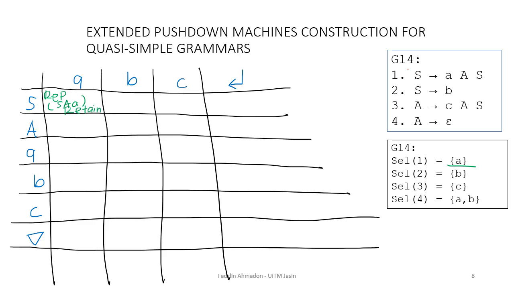Okay, I'm done with rule 1. Now for rule 2, the selection set is B. So for this cell, replace B retain.